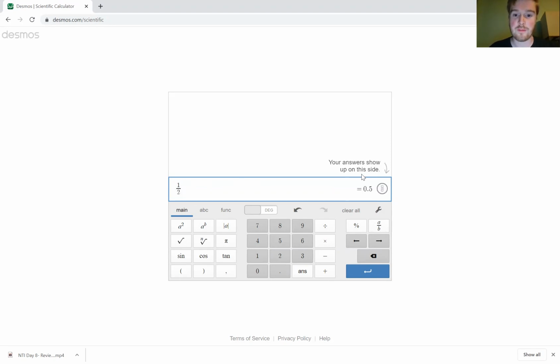And then over here, it'll tell you what your answer is and allow you to convert that to a decimal if you'd like. So that's just something that I wanted to share with y'all before we got started with the actual work. So I'm going to stop sharing my screen here so that I can talk to you guys full screen.